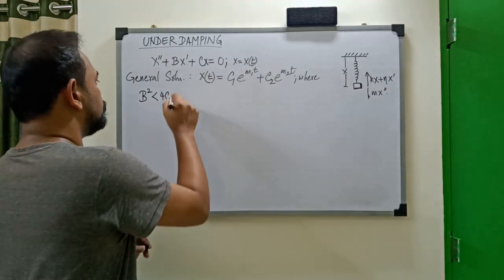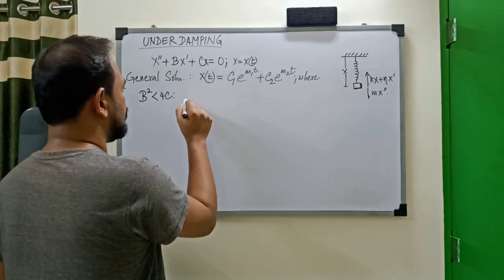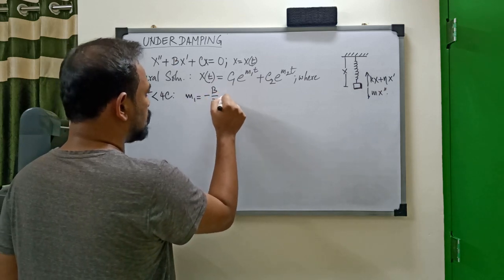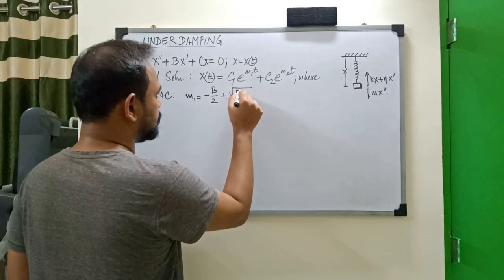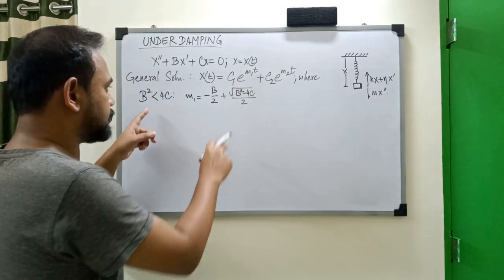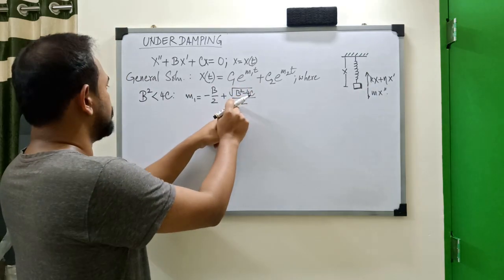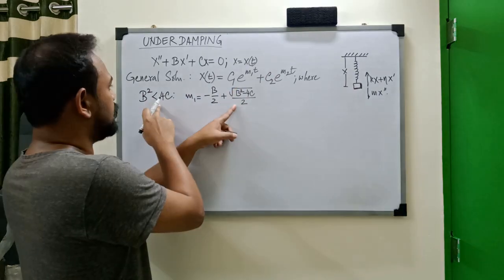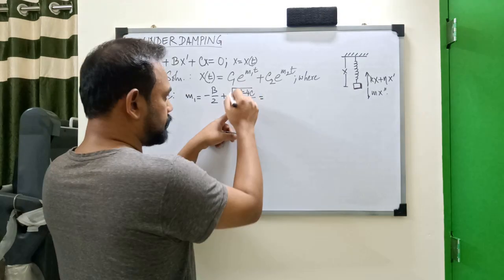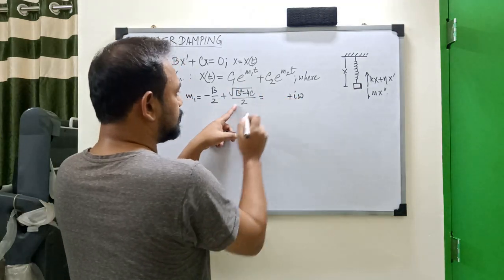If b square is less than 4c, then m1, which was minus b by 2 plus root over b square minus 4c by 2, will be a complex number, as I said. This will be a pure imaginary number because it's a root over a negative number. Let me call this purely imaginary number i omega.